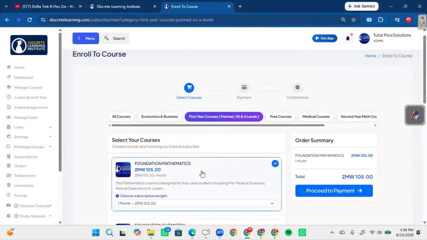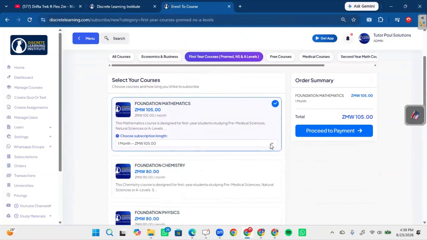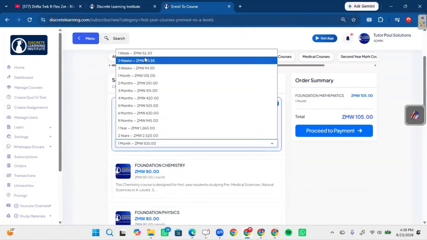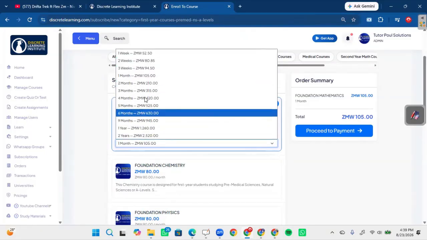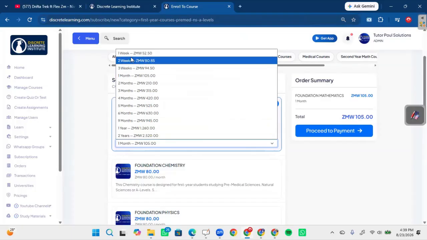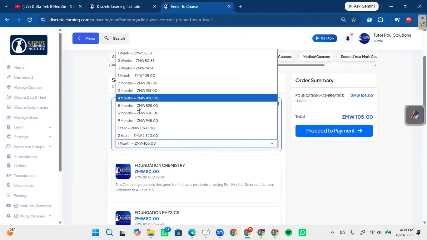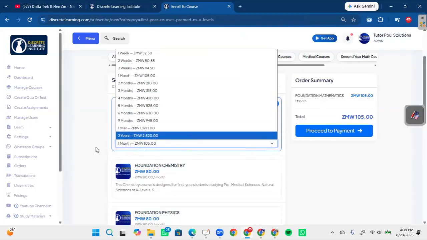Just select them. Once you select, you can also choose the duration by clicking this arrow pointing downwards. You can see different periods have different amounts. If you want to subscribe for a week, there's a price for that. 2 weeks, 3 weeks, 1 month, 2 months, even 2 years in advance, you can subscribe.